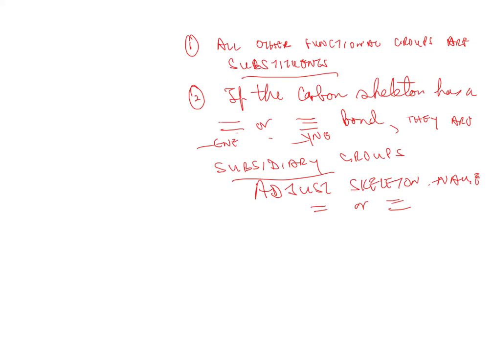So clear this, so more space. When you're selecting the main chain, we know that you select the one with the main functional group.